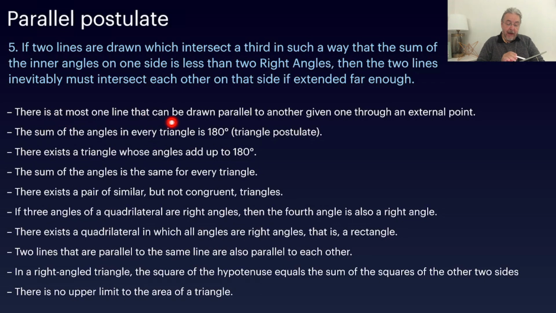There's at most one line that can be drawn parallel to another given one through an external point. So that means if I give you a line and an external point, there is at most one line that doesn't intersect the green line and passes through the external point, and in fact it turns out that if there is at most one, there is actually exactly one.